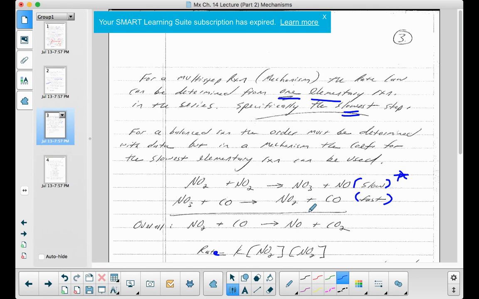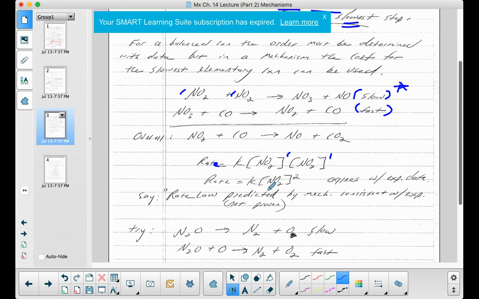So if I pick my slowest step, then my rate is going to be dependent upon the rate constant and the coefficients that are there. And if I just combine my two NO2s, it's going to be k times NO2 raised to the second power. If you went back and did a whole rate data study on this, you would find that this rate expression agrees with experimental data.